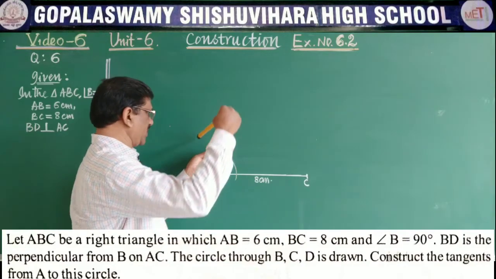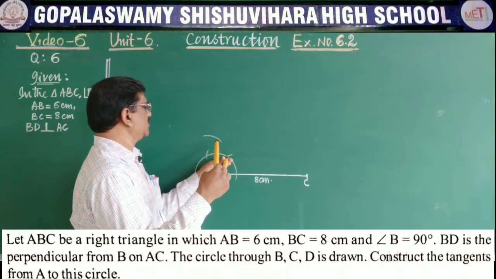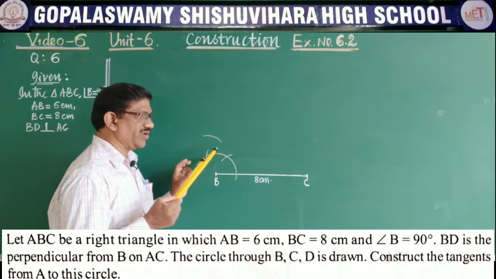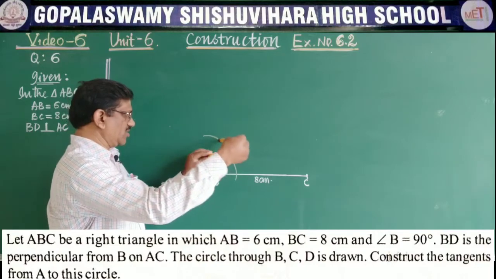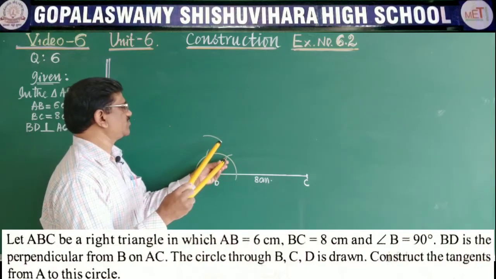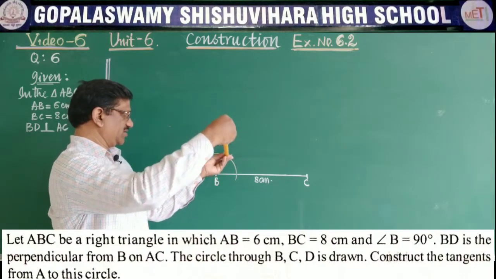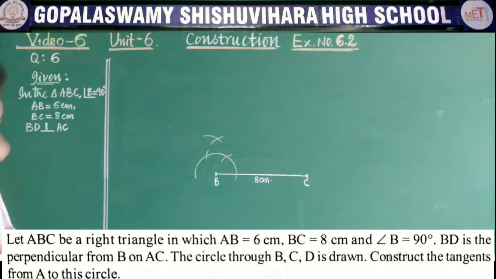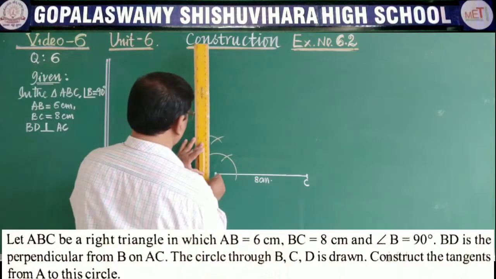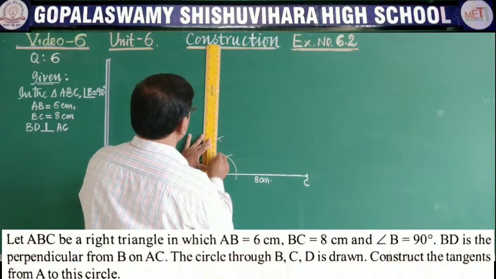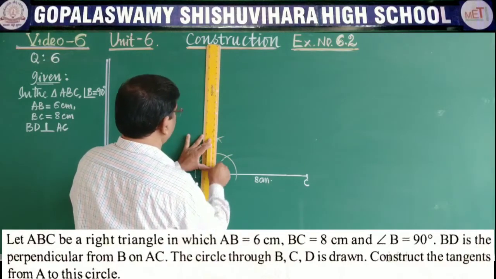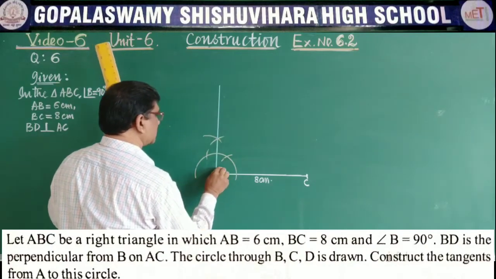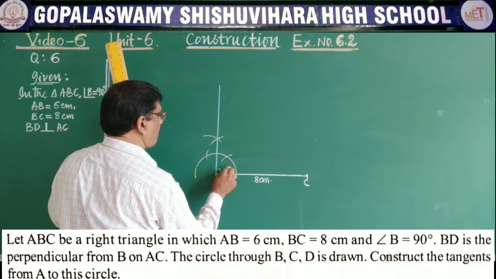You see, I am cutting like this with these 2 points as center. Once I consider this point as a center, draw arc. Next, with this point as a center, I am cutting this arc. Now I am joining this. Join this point of intersection with B and produce. So this angle is 90 degree now.